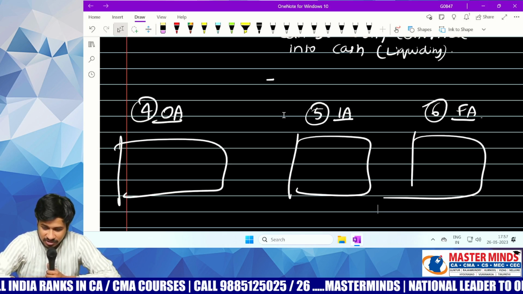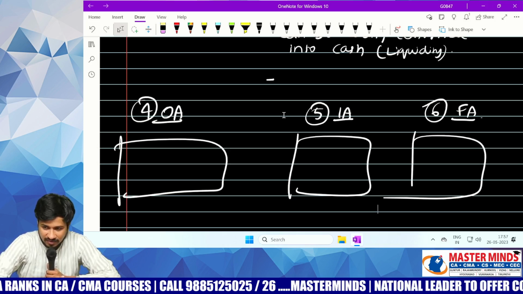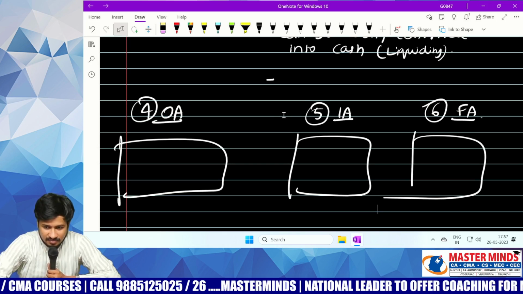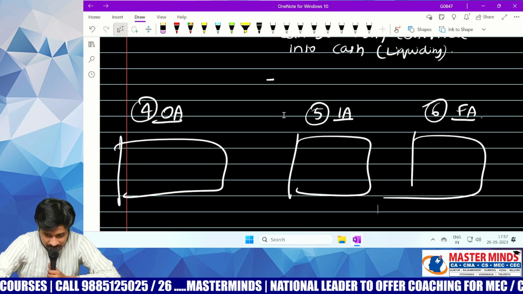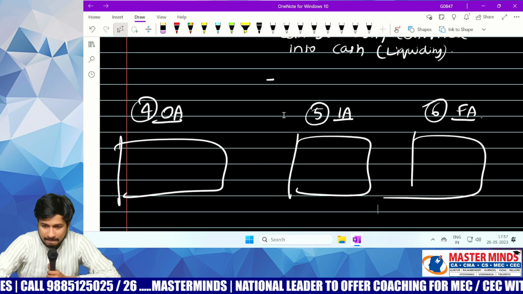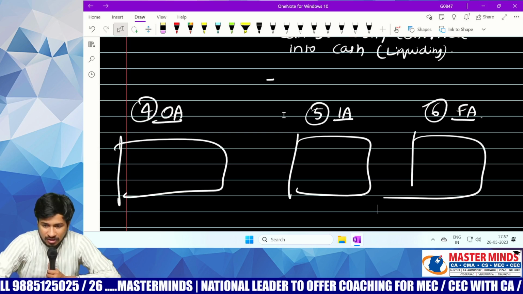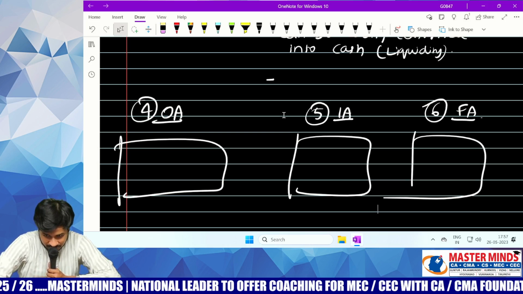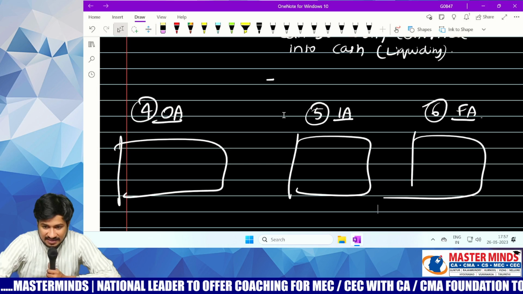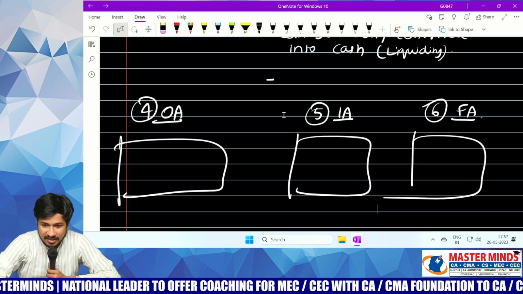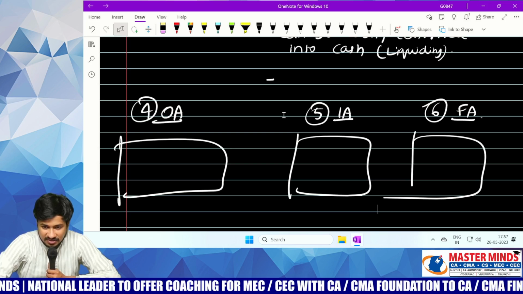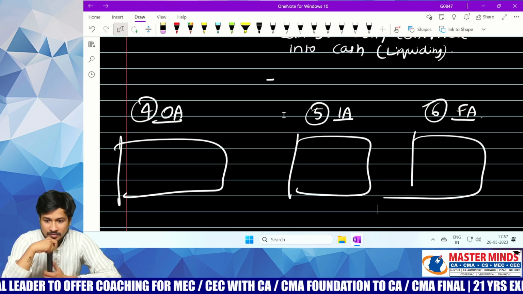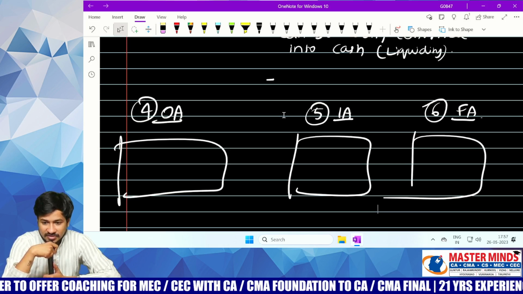Those items which cannot be classified under any of the above activities, that is, not satisfying any of the above definitions.